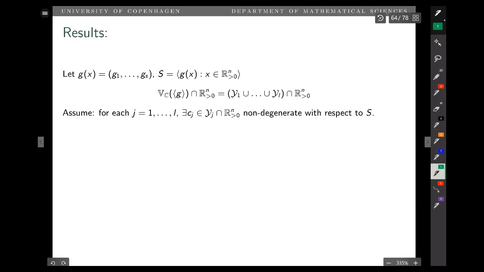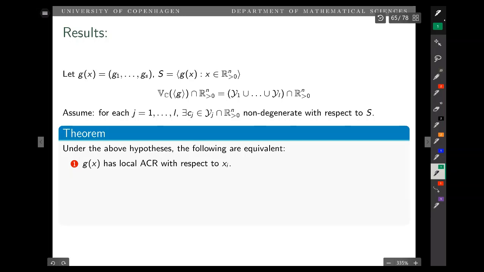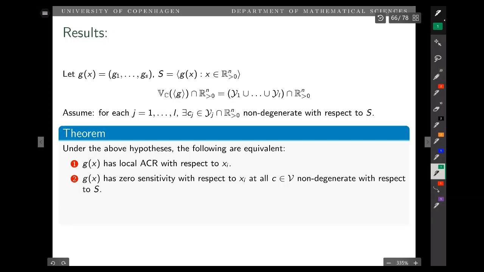And if I can guarantee that I have a point in all the components that intersect the positive orthant, then the following are the same. It is the same having local ACR with respect to xi as having 0 sensitivity in all the points where it makes sense to look, so not the singular points.